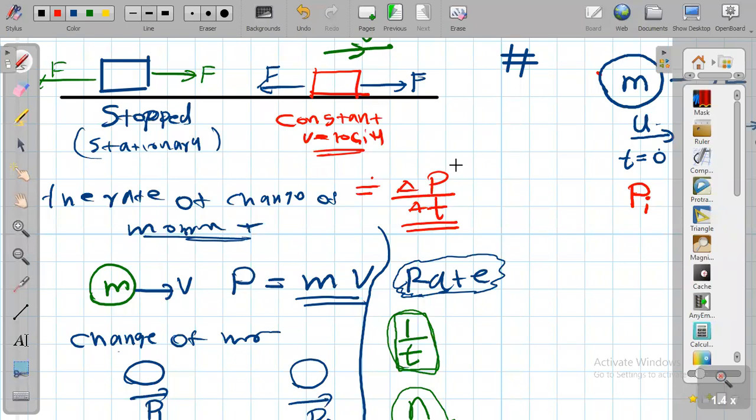Can you understand what is the rate of change of momentum now? Yes or no? Okay. Let's move on.